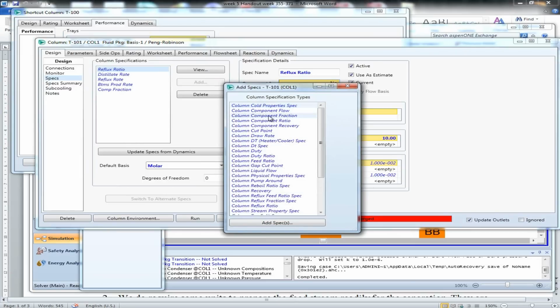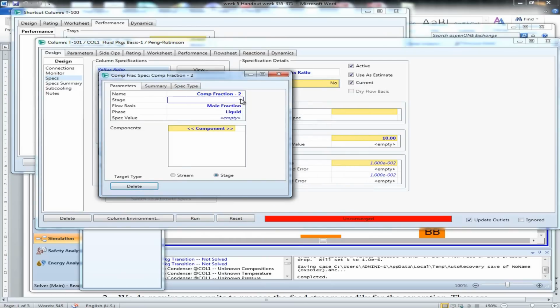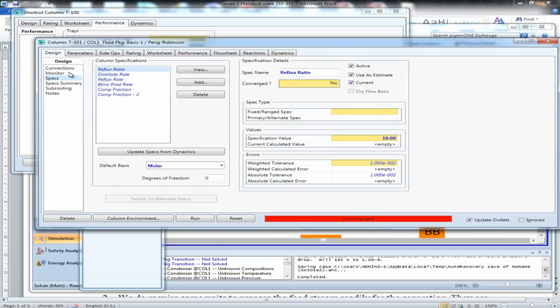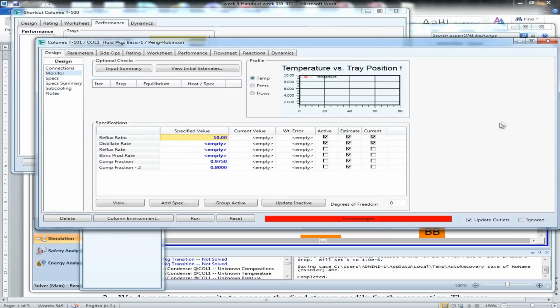Yeah, another one, for the one below, and that might be in liquid, which is hexane. You want about 0.8 at least. Okay, let's see what we have here in the monitor. Okay, this is only the estimate.